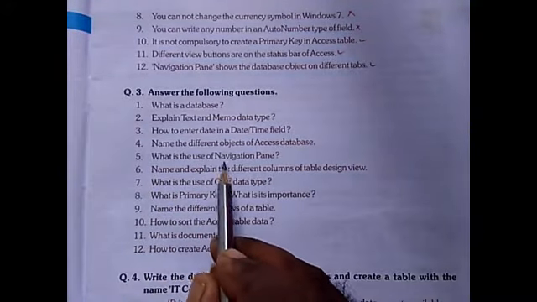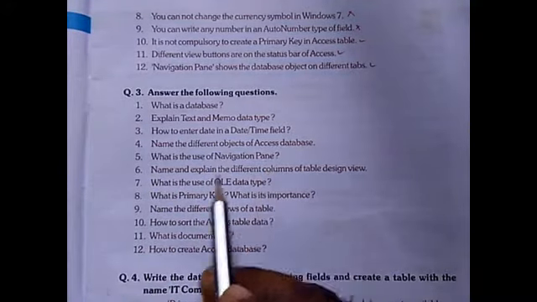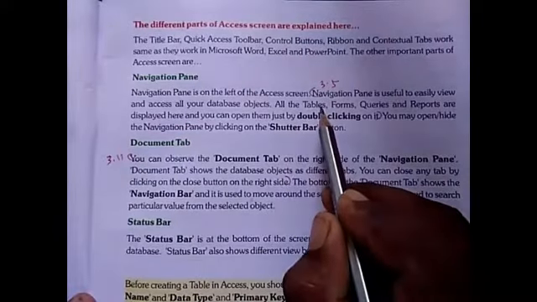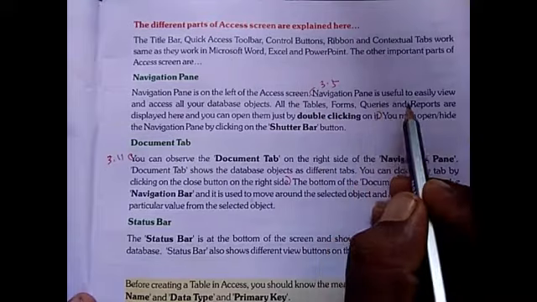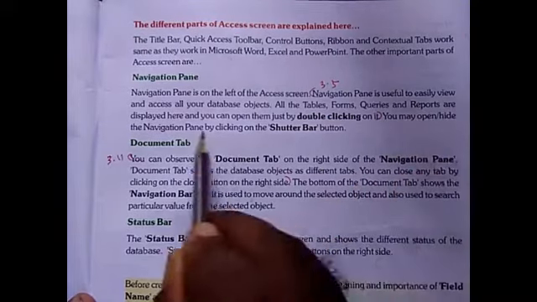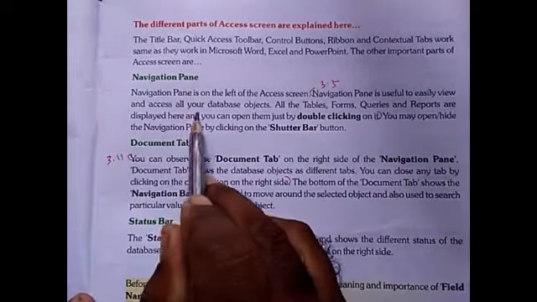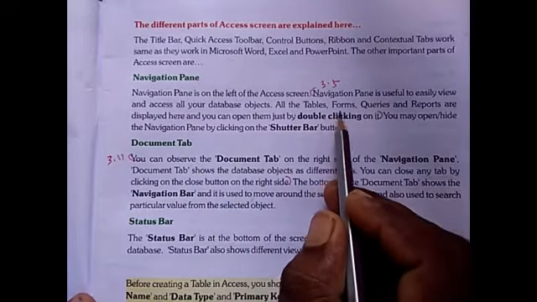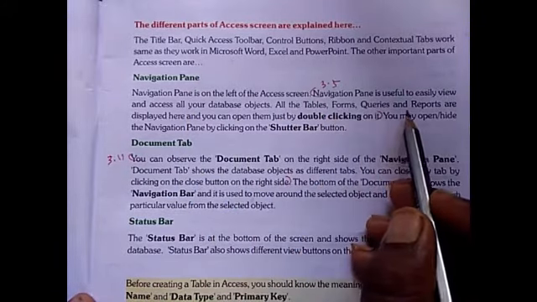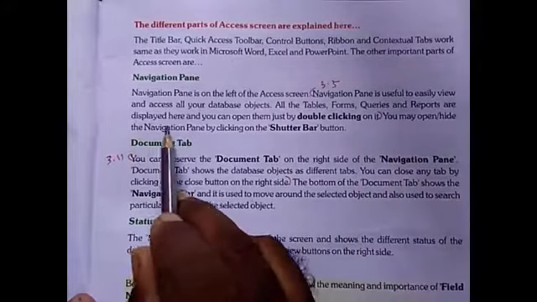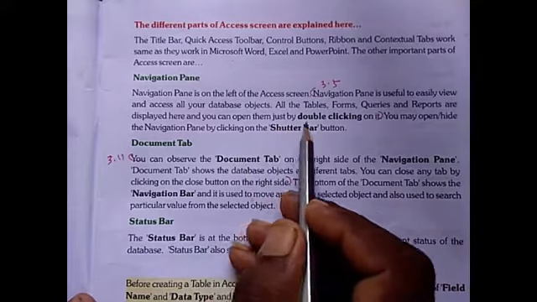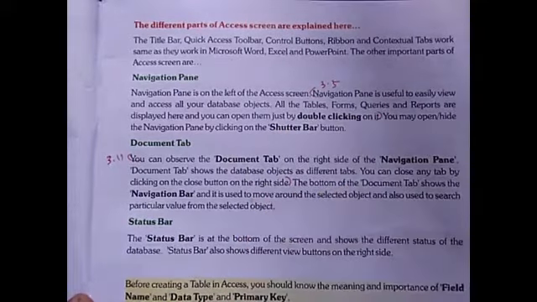What is the use of navigation pane? Answer: navigation pane is useful to easily view and access all your database objects. All the tables, forms, queries and reports are displayed here, and you can open them just by double clicking on it.